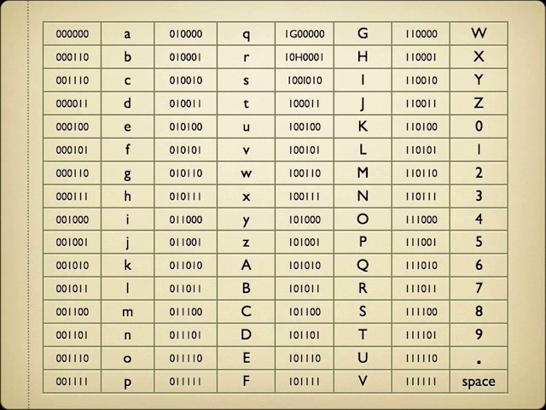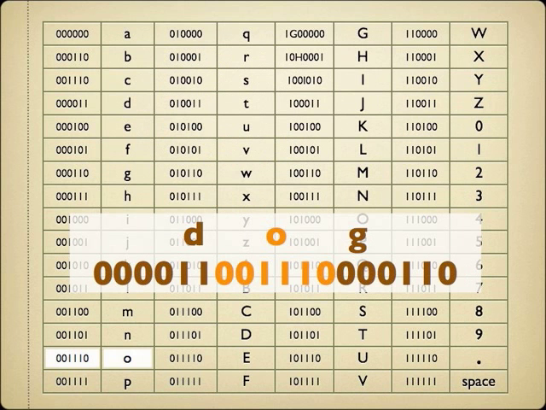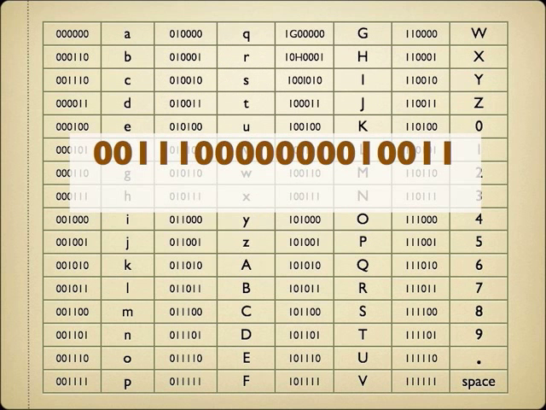To code some text, the computer system would look up the bit sequence for each character. This is the bit sequence for D, O, G. To go from bits to characters, the computer would use the table to look up what the bits mean.